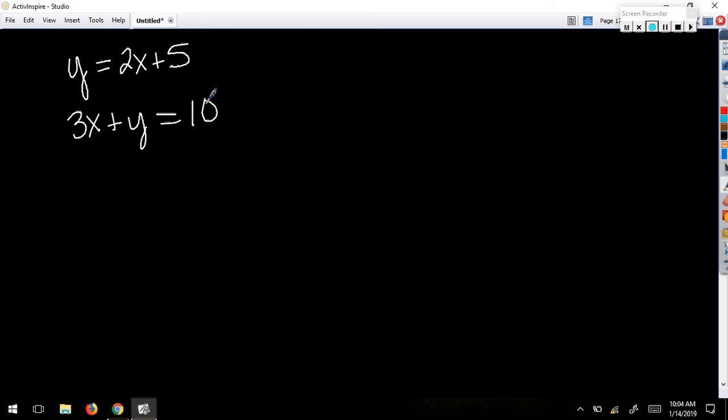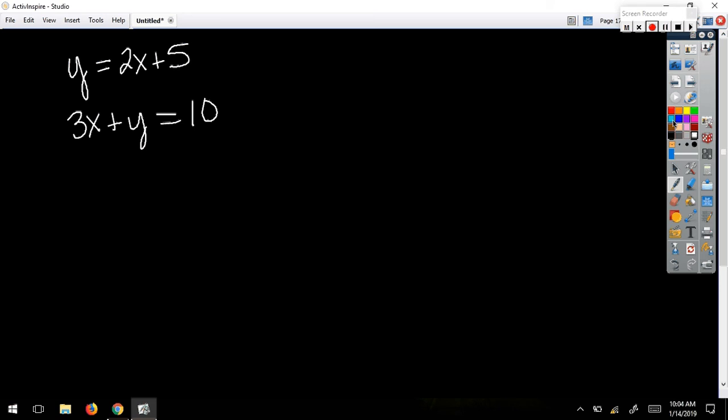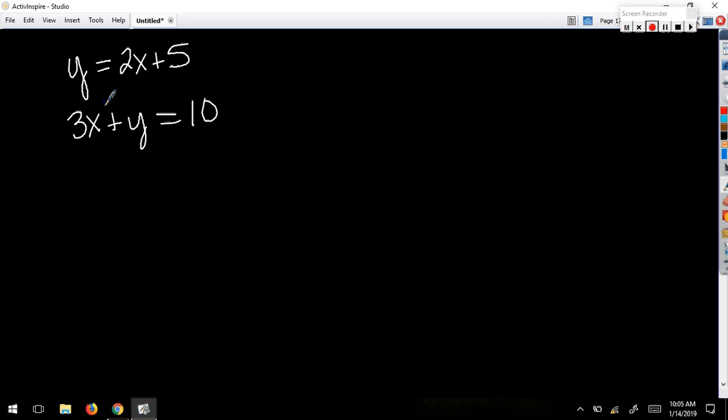Okay, y equals 2x plus 5. Plug it in for y. Look at the first equation. It's already solved for you. Y is already by itself.